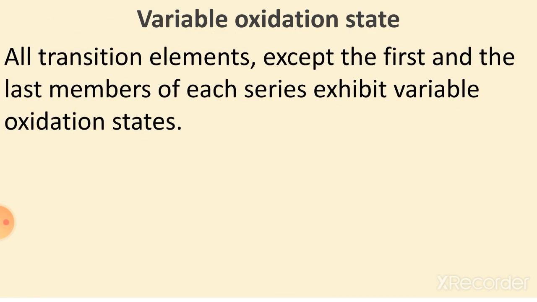Now dear students, all the transition elements except the first and last member of each series exhibit variable oxidation state. For example, in the 3d series, scandium is the first member and Zn is the last member. These two elements do not show variability of oxidation state. Scandium shows +3 oxidation state, due to the noble gas configuration of argon, and Zn shows +2 oxidation state because of filled 3d10 orbitals.